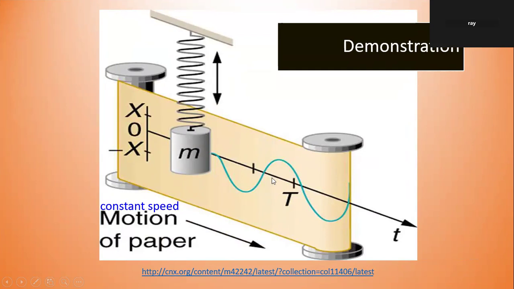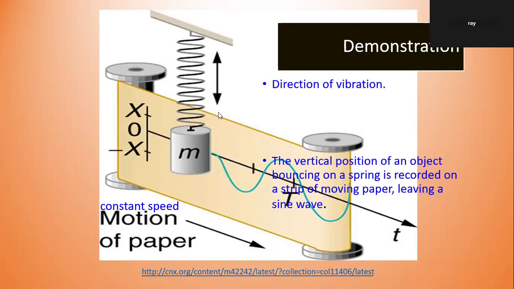Then we can let the paper or the screen move with constant speed. That will give us time. So that's why we can see that it is a sinusoidal waveform. This is the direction of vibration, and the horizontal motion of the screen.